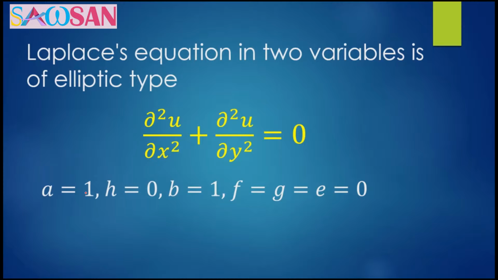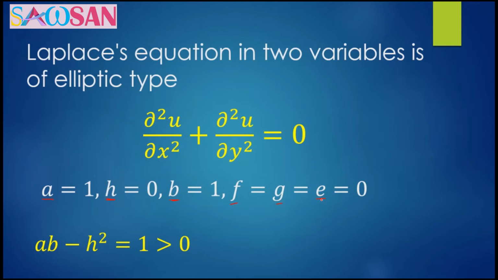Here a = 1, which is the coefficient of ∂²u/∂x², h = 0, which is the coefficient of ∂²u/∂x∂y, b = 1, which is the coefficient of ∂²u/∂y², and f = g = e = 0, which are the coefficients of ∂u/∂x, ∂u/∂y, and u.